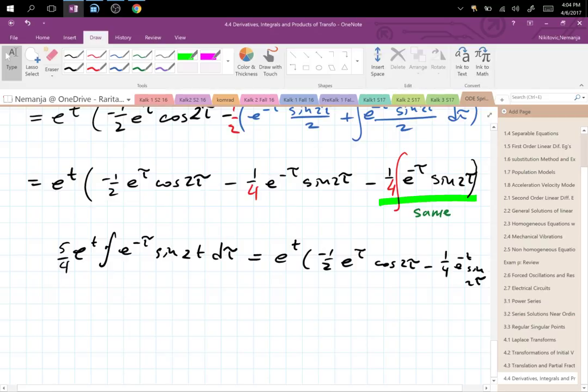And now, you don't get to make a 0 if you divide by e to the t. Or you multiply by 4/5 on both sides.